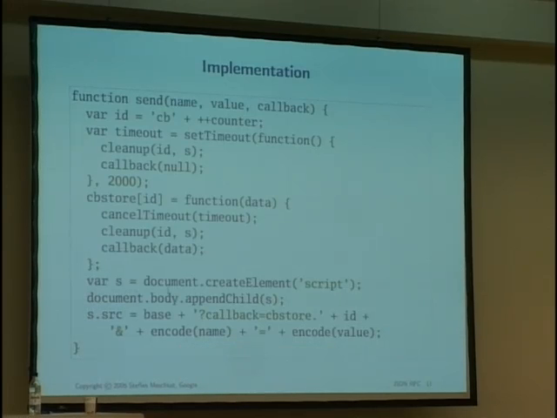I could, with the same apparent semantics, first assign to the source attribute and then insert this node into the body using document body append child. But what could happen then is that with the assignment of the source attribute, the script is loaded immediately, executes immediately, and eventually will call this cleanup here, which will try to remove this node from the DOM.